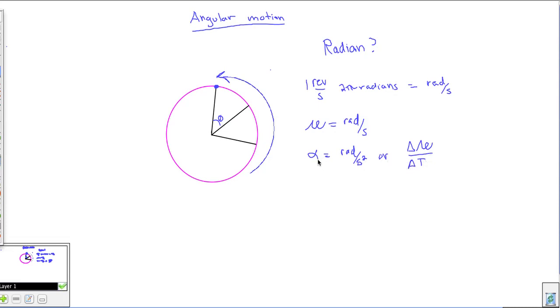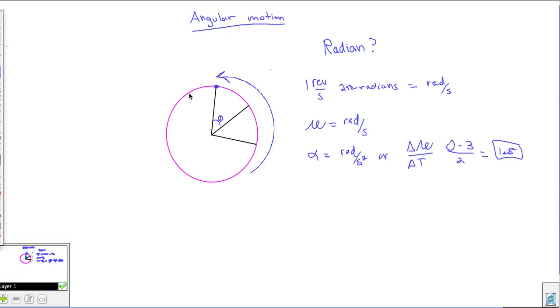So you can calculate angular acceleration if you know the angular velocity change. Say you have something going from 0 to 3 in 2 seconds. I have an angular acceleration of 1.5, right? So it's pretty simple to solve for angular acceleration.